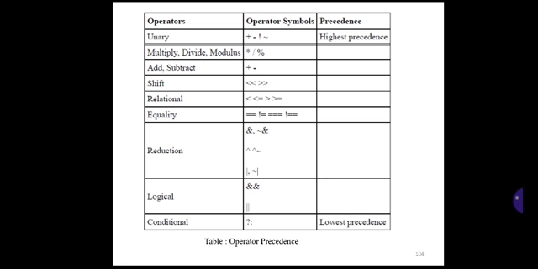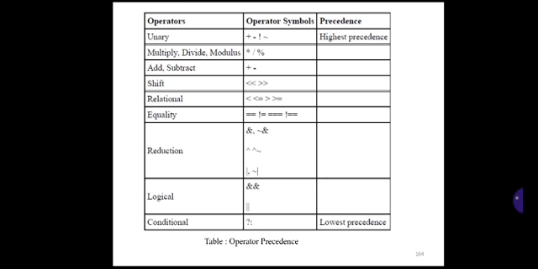So see here, this is the table that gives you the operator precedence. So unary operators have the highest precedence, that is plus, minus, exclamation sign and the negation. Then multiply, divide and modulus are the next precedence. Like this it goes on in decreasing order: add, subtract, shift, relational, equality, reduction, logical, and the lowest precedence is given to the conditional operator, that is question mark colon.